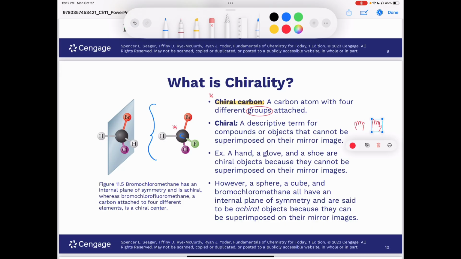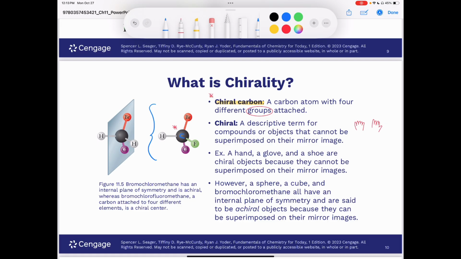Their thumbs are going to be on opposite sides. That is why a glove is a chiral object. Your hands are chiral objects. If you hold your hands up in front of you and put one on top of the other, even though they're mirror images of each other, they don't overlap. One thumb points in one direction, and on the other hand, the thumb points in the opposite direction.